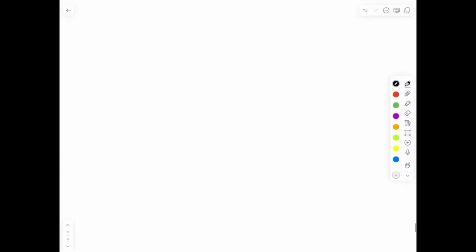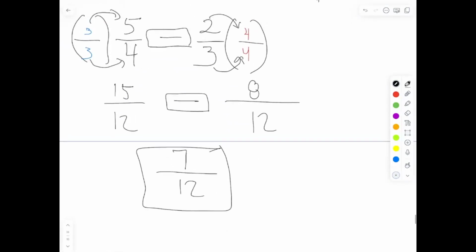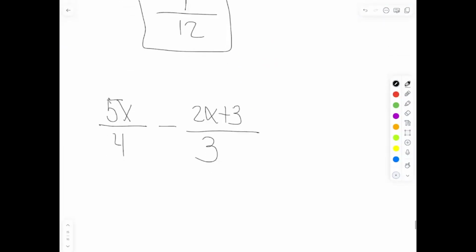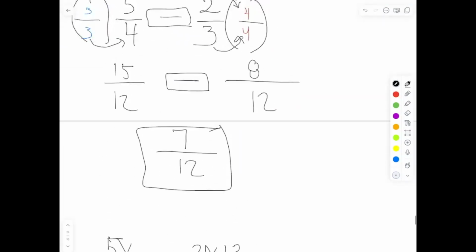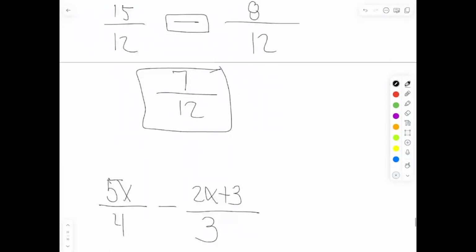I introduce to you now a rational expression. 5x over 4 minus 2x plus 3 over 3. It is the same problem. You see, 5 over 4, 2 over 3.